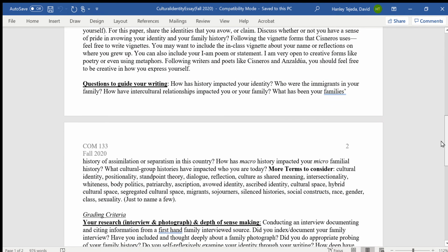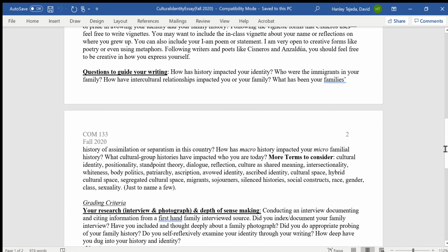Really quickly, here are some questions to guide your writing. How has history impacted your identity? What has been the role of history? Who were the immigrants in your family? How have intercultural relationships impacted your family? What has been your family's history of assimilation and separatism in the country, right? How has macro history impacted your microfamilial history?